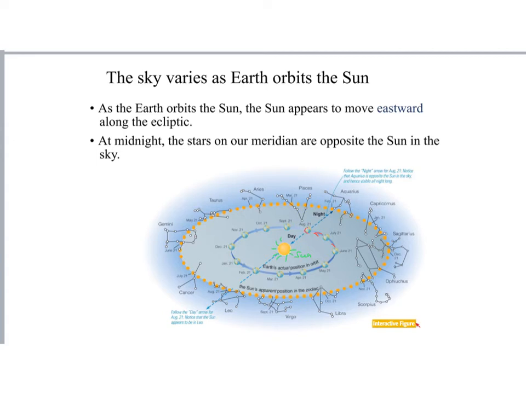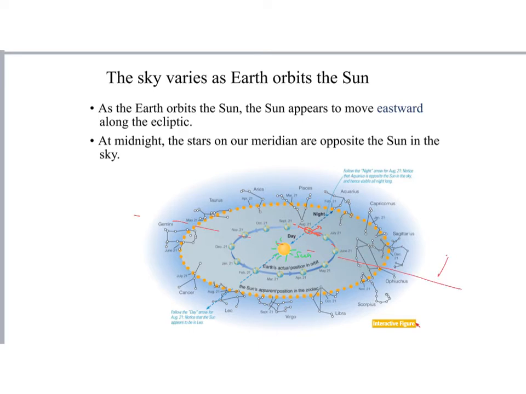So we have here where the earth is positioned on August 21st, right? Of course this half of the earth, when you look up, you don't see the sun because it's below your horizon, and what you see is the night sky, so it's going to look like that.